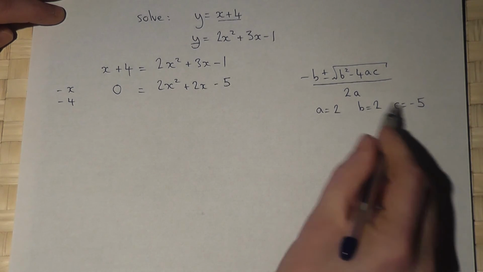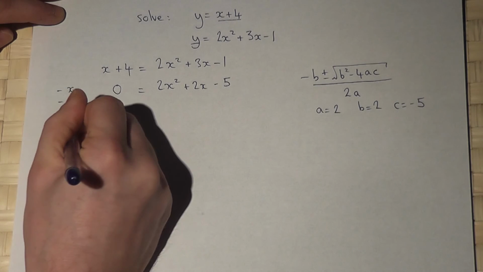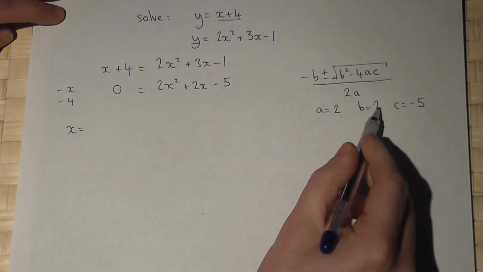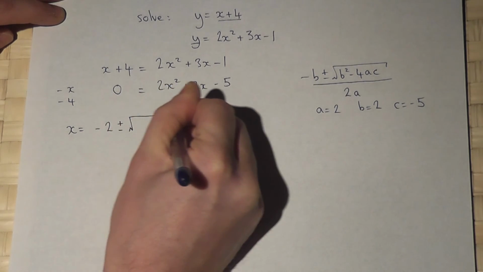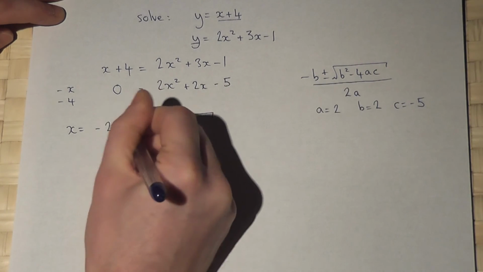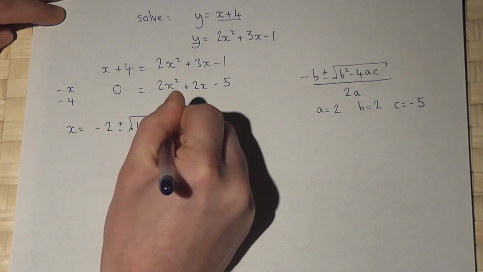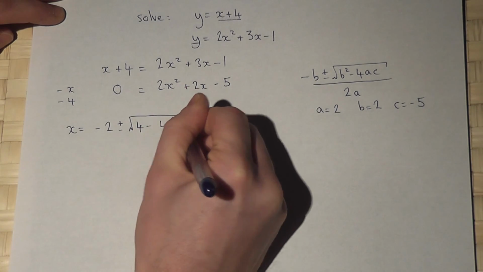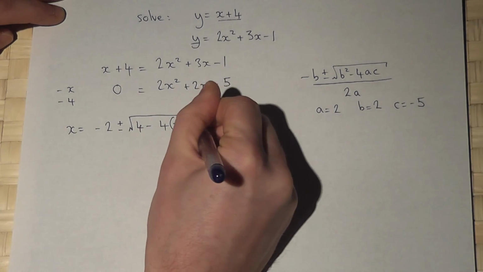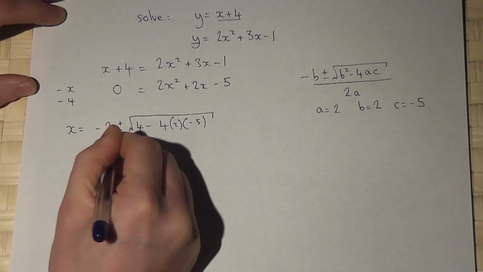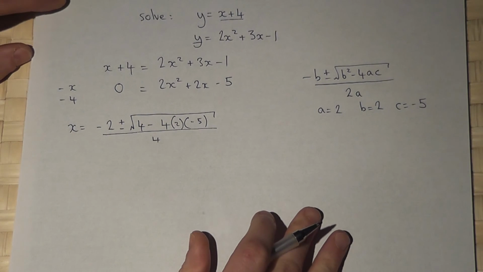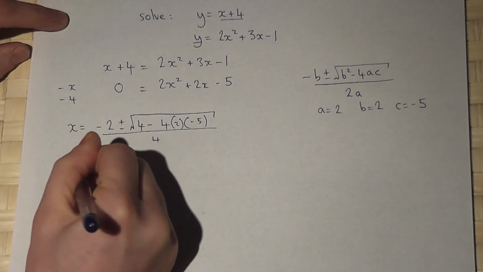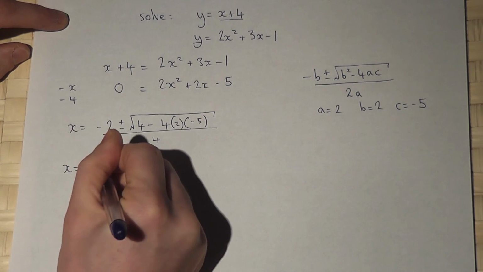So I put these values into the formula. So x will equal minus b, well b is 2, so minus 2, plus or minus the square root of b squared is 4, minus 4 times a times c, which is minus 5, all over 2 times a, which is 4.